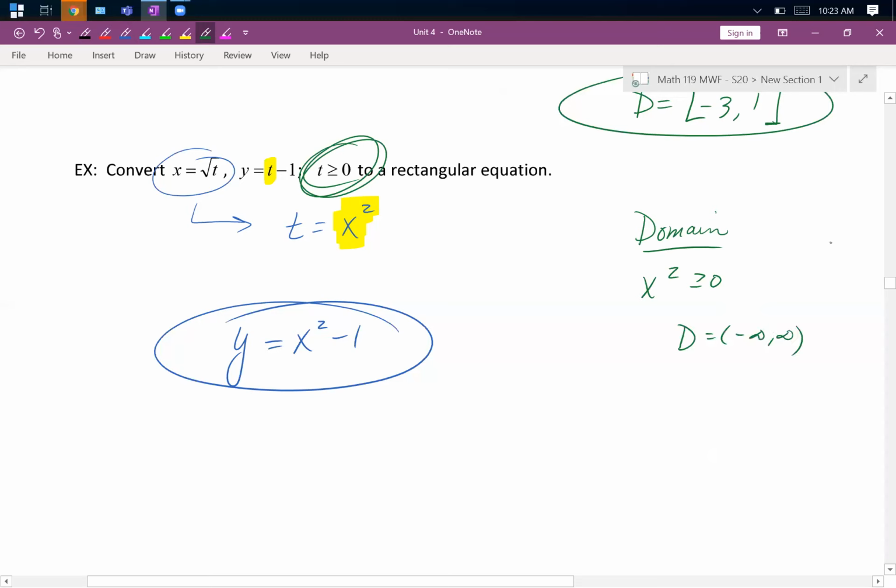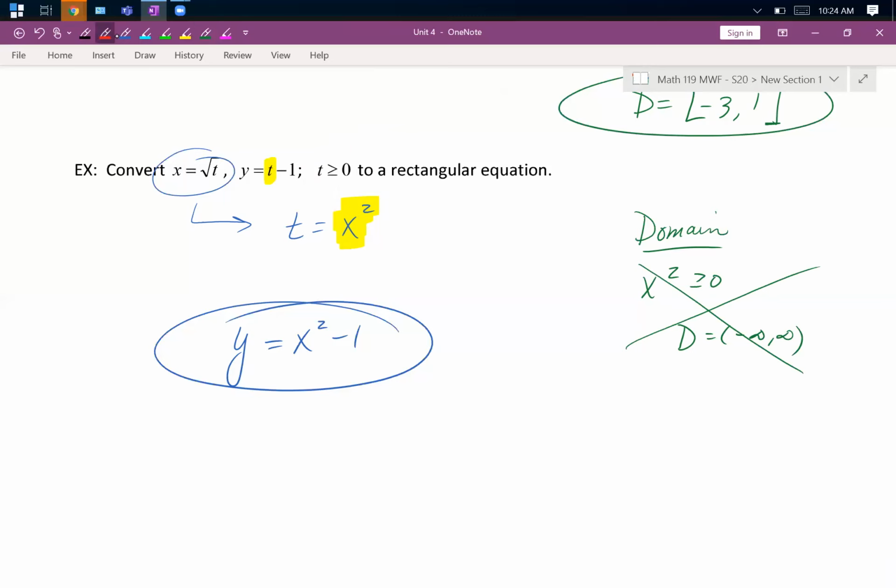If we just graph this, we can see it's always 0 or greater. But this is not correct. You see, the parametric equation has x defined to be the square root of t. The square root of t is never going to spit out a negative number.